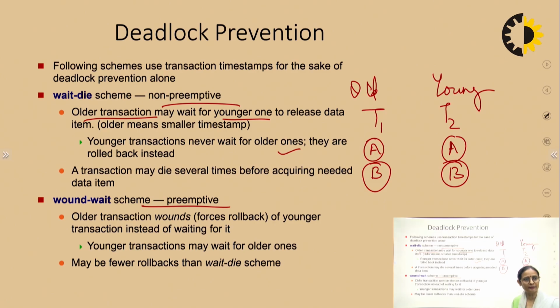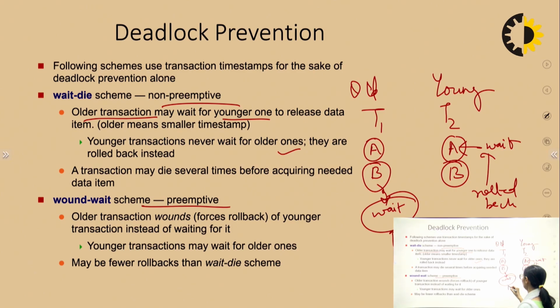That is, younger transactions never wait for the older ones. That is, if it goes into the waiting state, then it needs to be rolled back. But if T1 is waiting on the data item B, in that case, it is never rolled back.